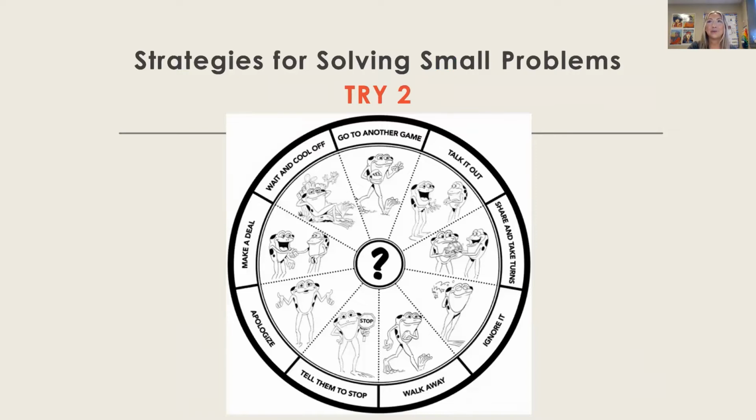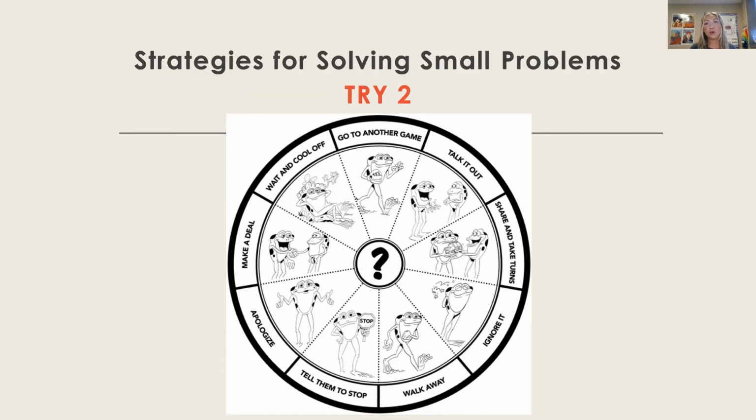All right, so these are all 9 of the strategies we're going to learn to solve small problems. I'm going to read all 9 of them to you, and then we're going to quickly go through each one just to do a quick learning about them. And then each week in the morning weekly announcement video, I will talk about one strategy at a time and we'll learn a little bit more about it.